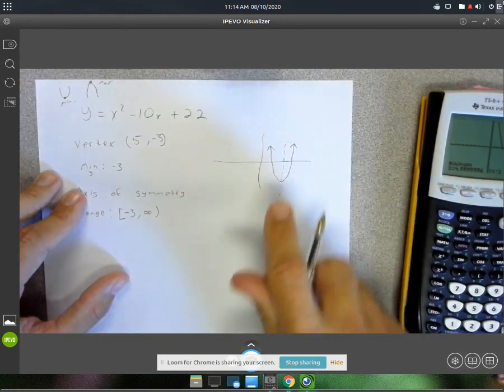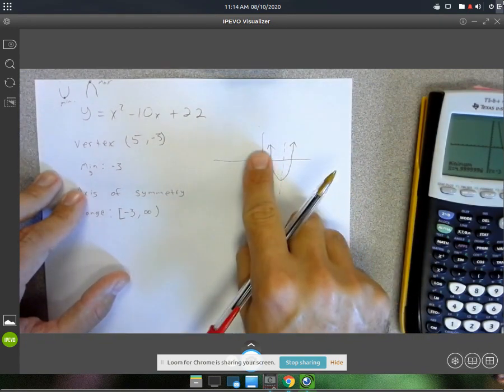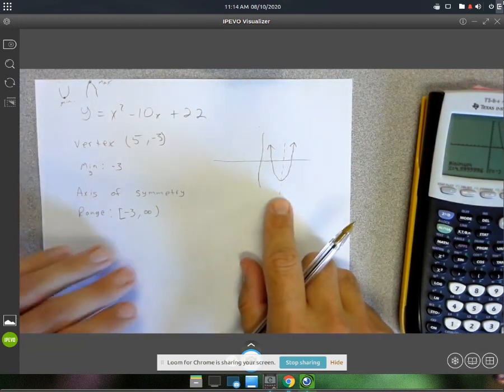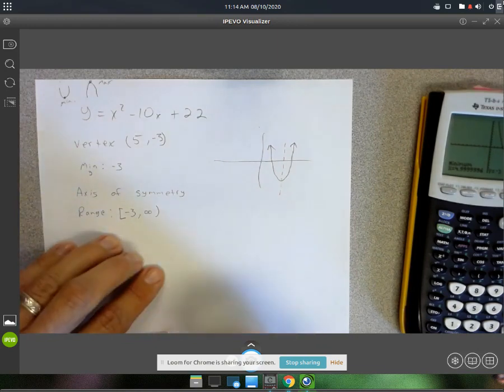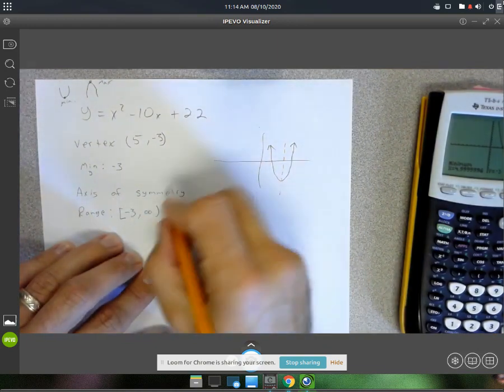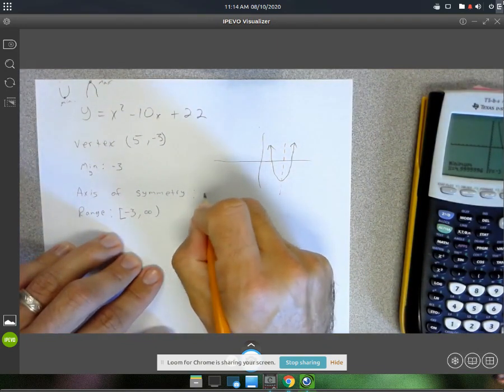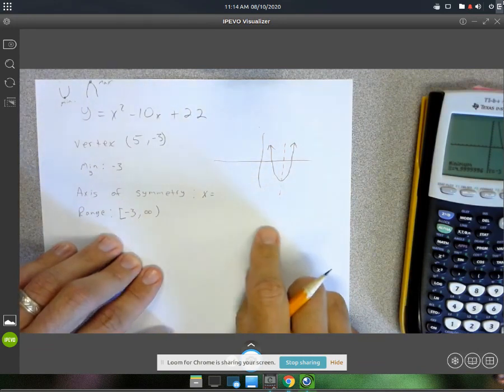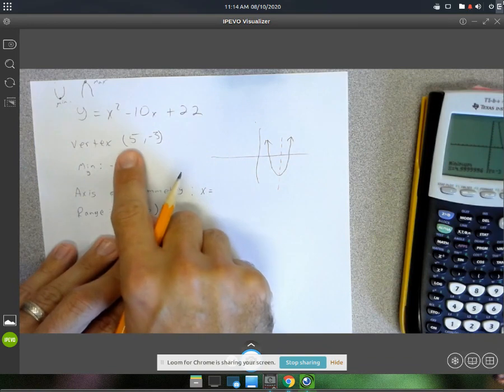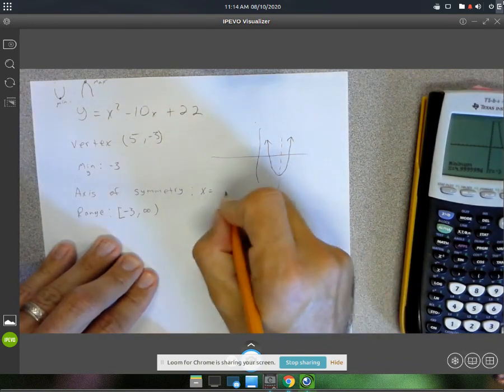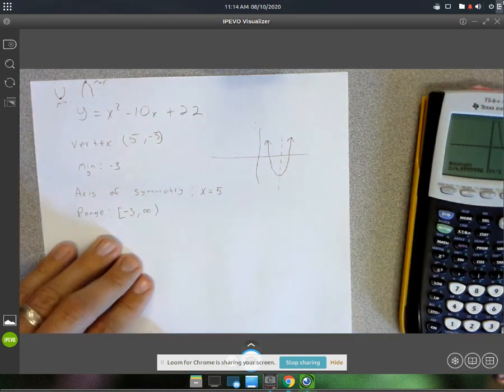So like the right half is identical to the left half. That's why they call it symmetry. It's the line that divides it vertically. And for that, it'll always be x equals something. X equals tells us that it's a vertical line, and it'll always be the x coordinate of our vertex. So x equals 5.